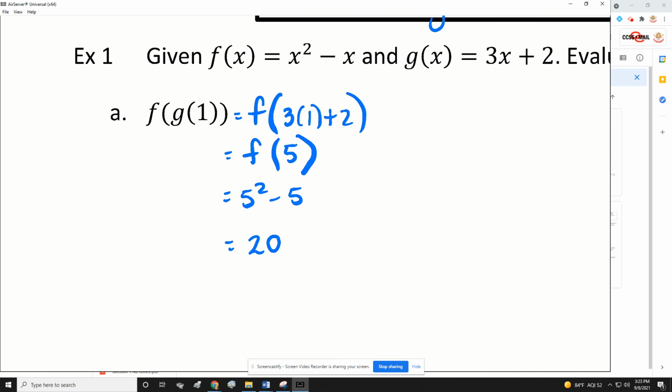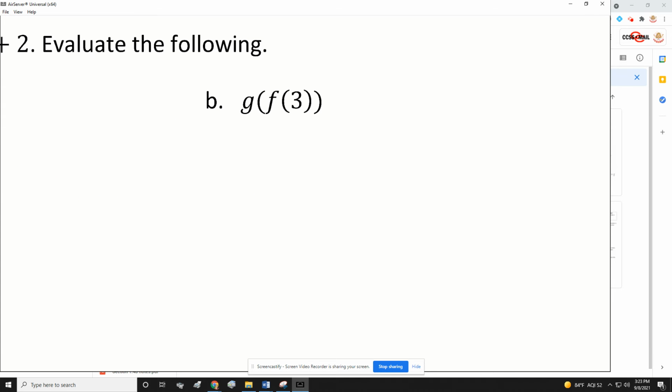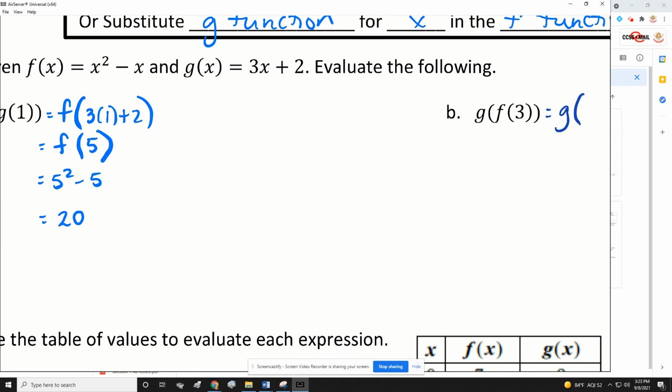We will also do another one here. So we're going to do B. B asks us to find g of f of 3. So we're going to start with f of 3. I'll let the g just kind of hang out. F of 3 means I'll take 3 and put it here, and here.